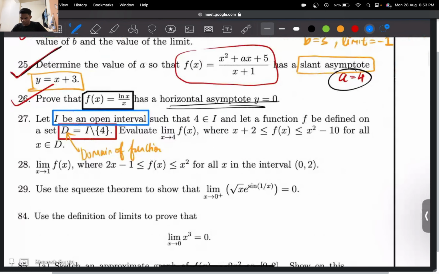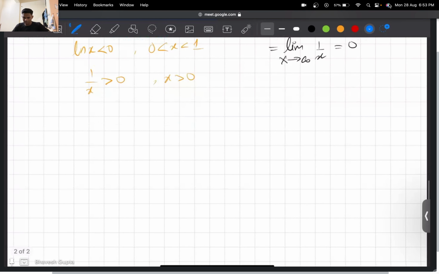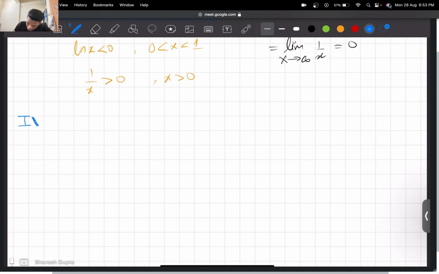So if you guys are still in confusion, let me tell you. For example, if you have an interval I and I want to remove another small interval, let's say some I prime. Let's say this was your interval I, and there exists a sub interval inside, the I prime.